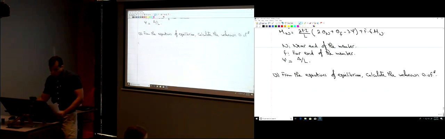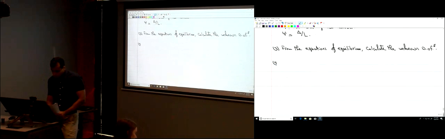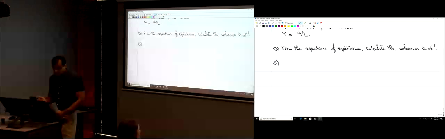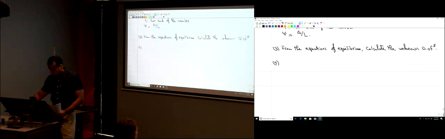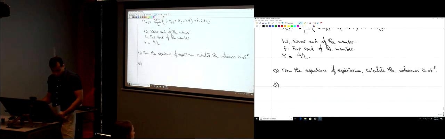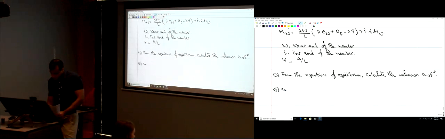Once you find your unknown kinematic degrees of freedom, you back substitute into the slope deflection equations.